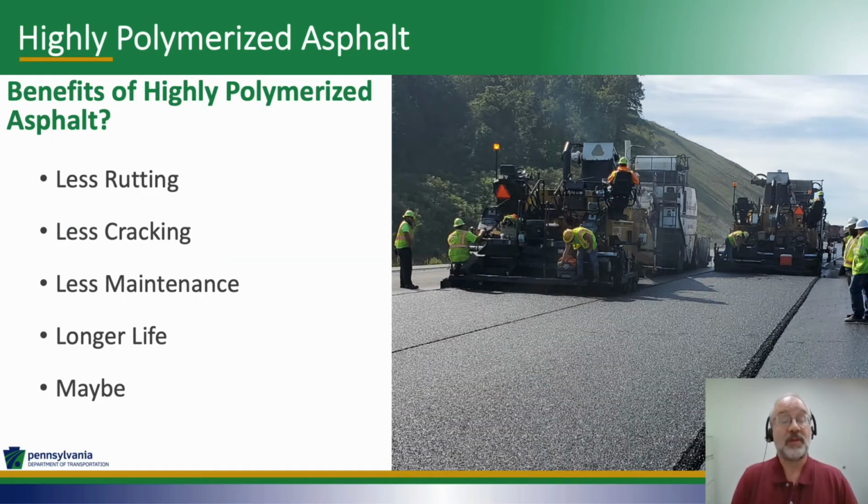Highly polymerized asphalts have potential benefit of less rutting, less cracking, less maintenance, and therefore longer life. I say maybe there because we're not completely sure about these things, because we haven't used them enough, and we don't have a history of data for that yet.